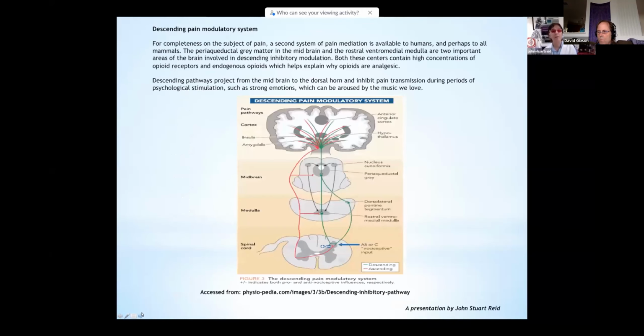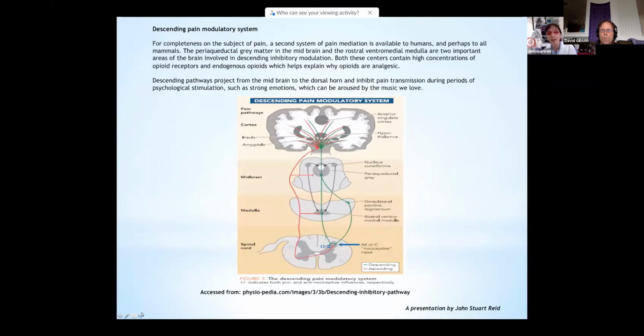So just for completeness on this subject of pain, there is a second system of pain mediation available to humans and probably to all mammals. The periaqueductal gray and ventromedial medulla are two important areas of the brain involved in descending inhibitory modulation.